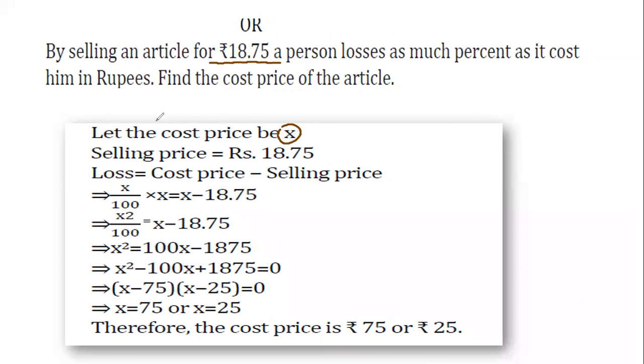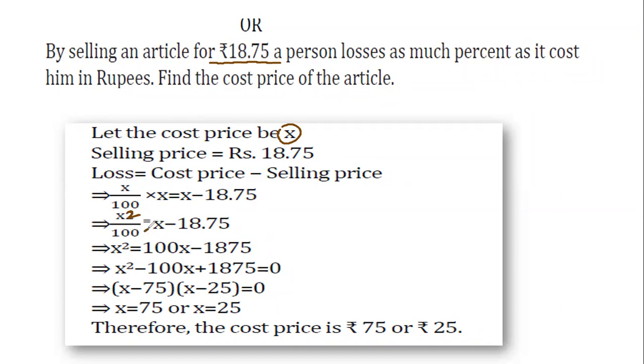The given percentage loss is x by 100 into x, and the formula for loss is cost price minus selling price. So x by 100 into x is equal to x minus 18.75. So x into x is x squared divided by 100 is equal to x minus 18.75.